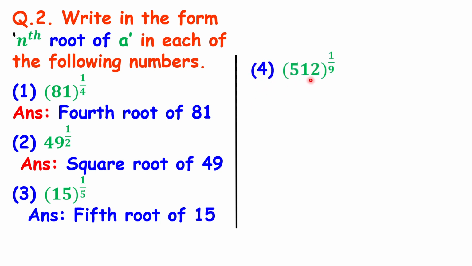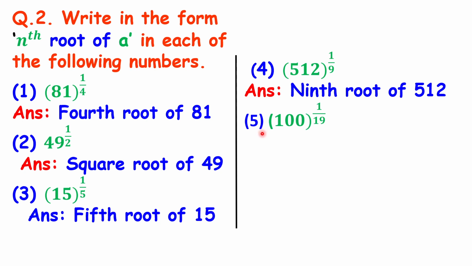Example 4, 512 raised to 1 upon 9. Here 9 is the denominator of the index of base 512. So answer is ninth root of 512. Example 5, 100 raised to 1 upon 19.